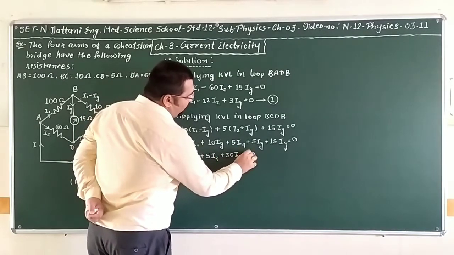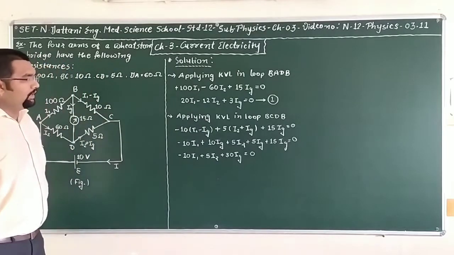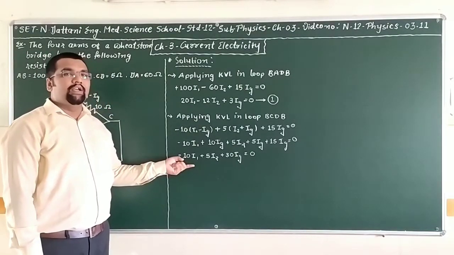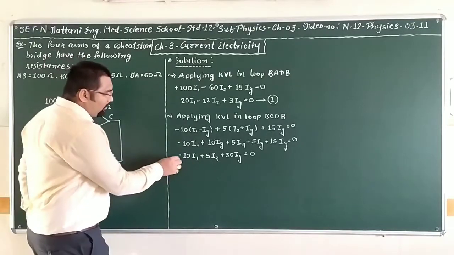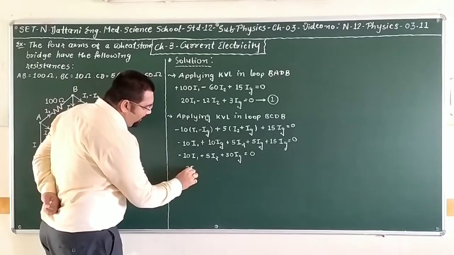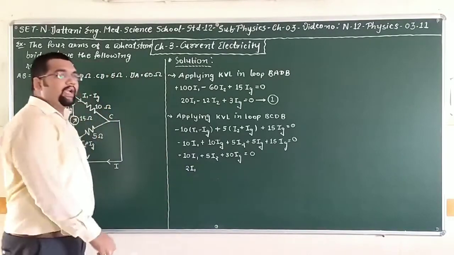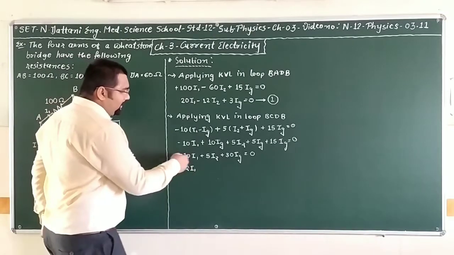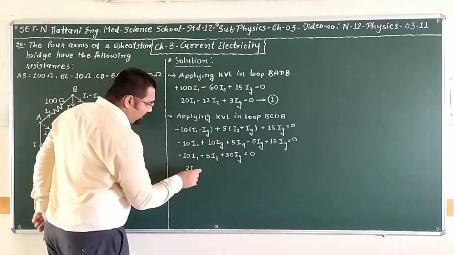Ig equal to 0. Now we will divide this equation by minus 5. So minus 10 upon minus 5, that is 2I1. Minus will be converted into plus, so 2I1, both the sign will be changed.